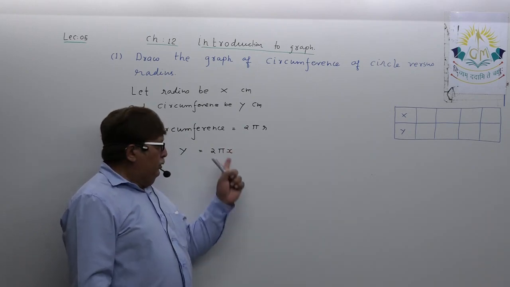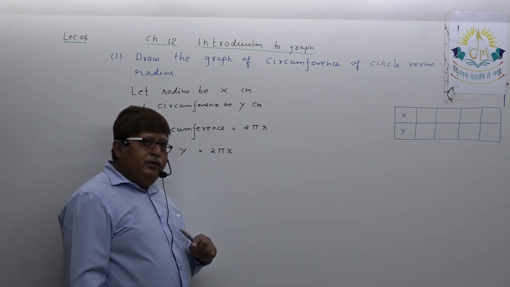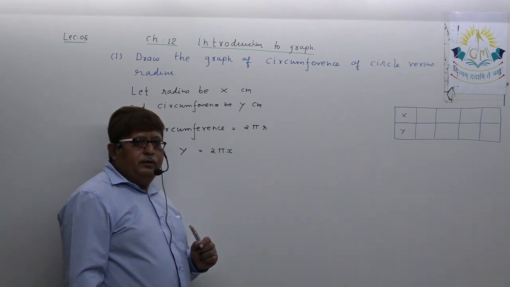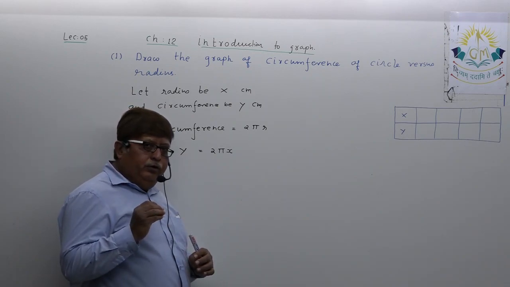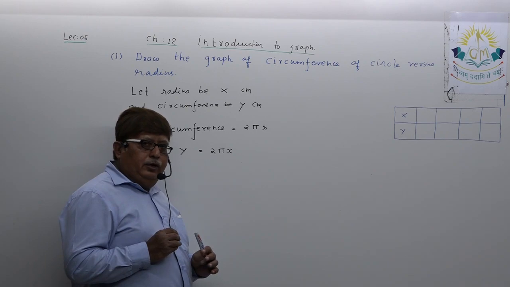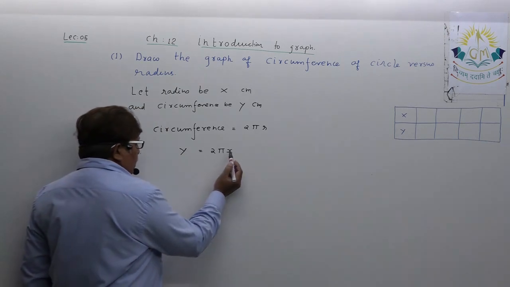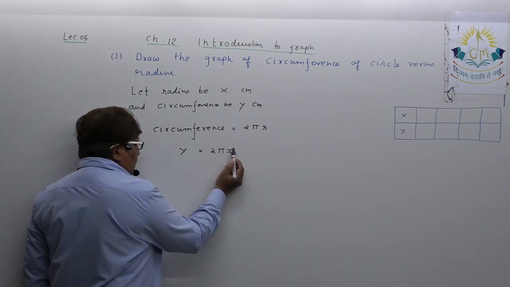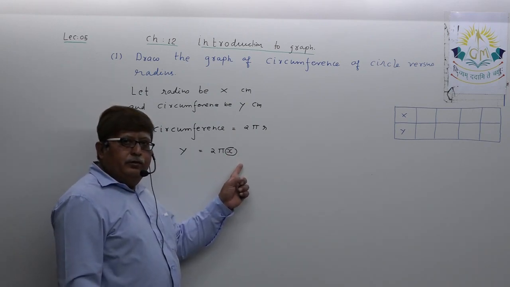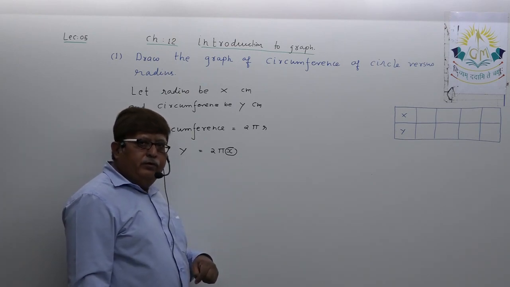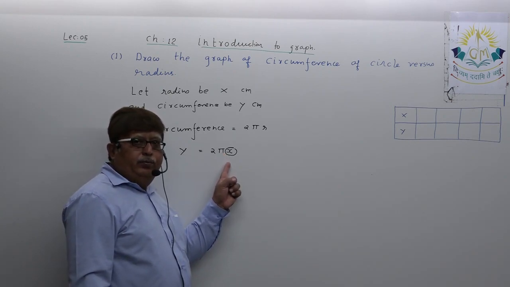Now, dear student, we have to take the values of x because it is the radius. My personal guidance is that when you draw the graph for this, if you want to get integral values in the graph, you should take all values of radius as multiples of 7, because the value of pi is 22 upon 7.